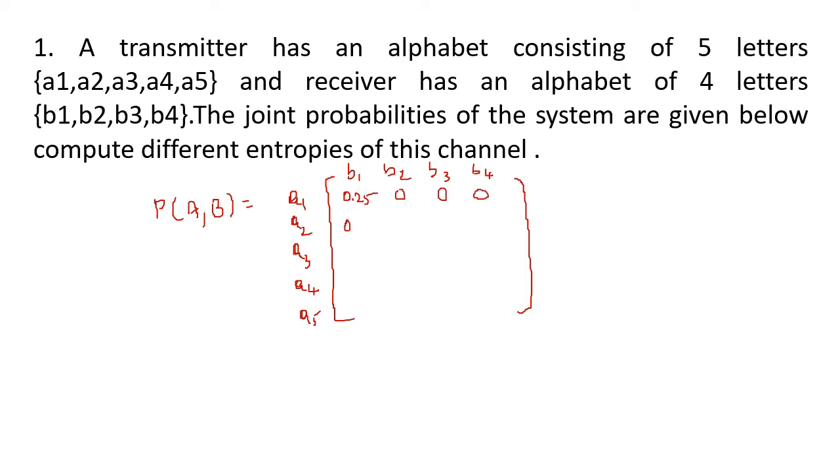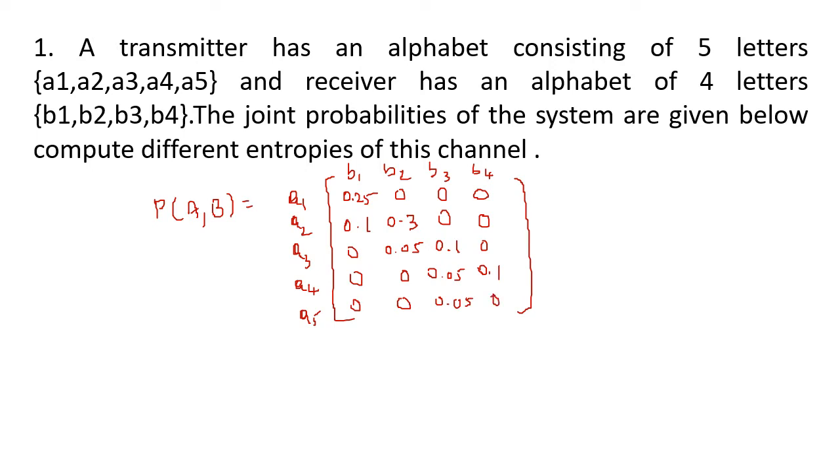Second row: 0.1, 0.3, 0, 0. Third row: 0, 0, 0.05, 0.10. The fourth row: 0, 0, 0.05, 0.1. The last row: 0, 0, 0.05, 0. So this is the matrix given.